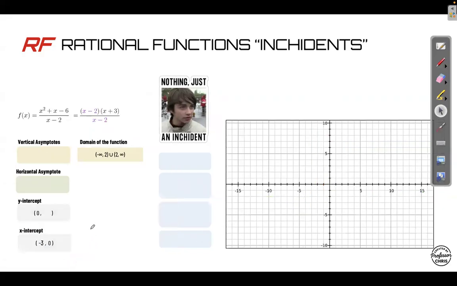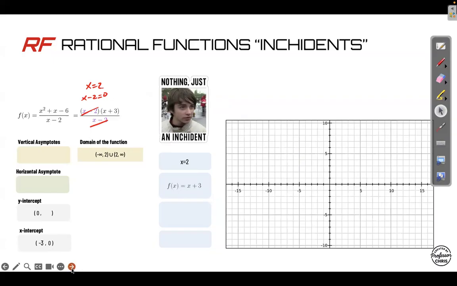Now, here, something fun is going to happen. We're going to cancel out x minus 2, but it's important that just like we have done in the past, we save that value, the value that was canceled out, x minus 2 equals 0. So we're going to save that value.